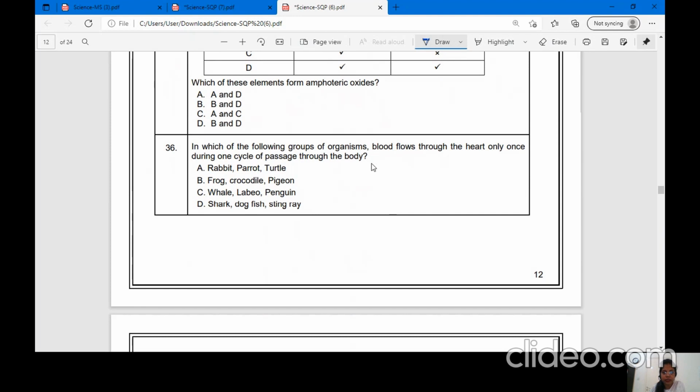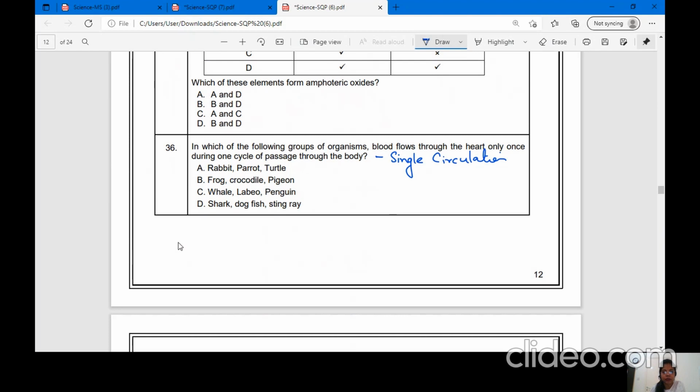Okay, so they are talking about single circulation. What is the definition of single circulation? Blood passes only once through the heart to supply to the body. Okay, blood is coming just one time to the heart and then it is supplied to the body. So how it happens?